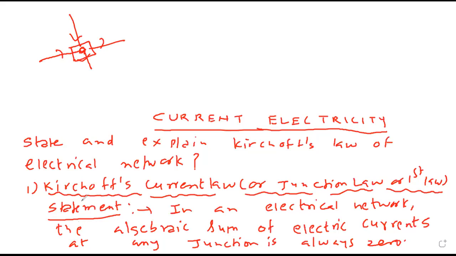Write this statement, then we'll see the convention, then we'll draw a diagram and understand how to apply the law. At a junction, the total current is zero.